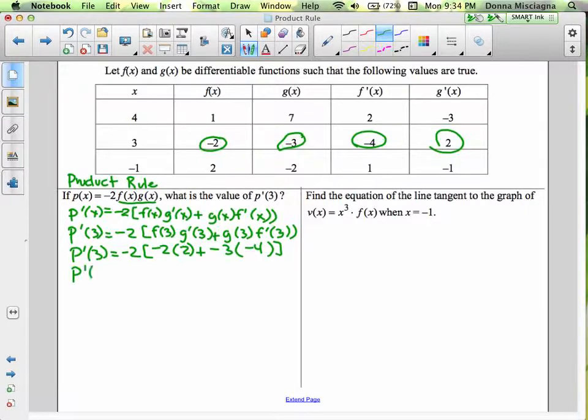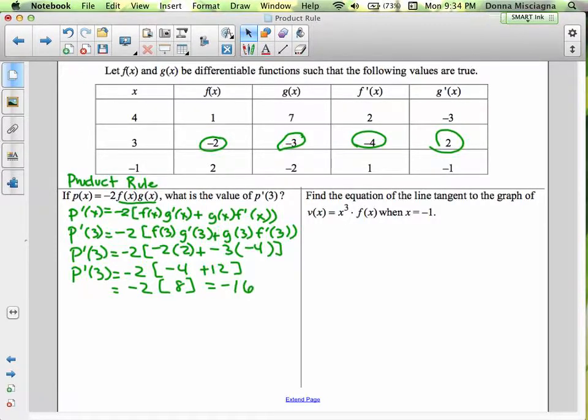So p prime of 3 is negative 2 times negative 4 plus 12, right, which would be negative 2 times 8 or negative 16. Right? And so that is the slope of that particular product when x is 3.